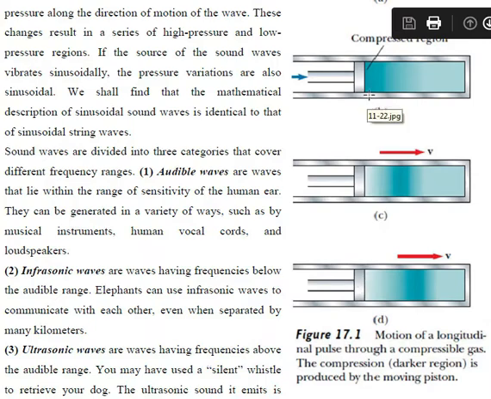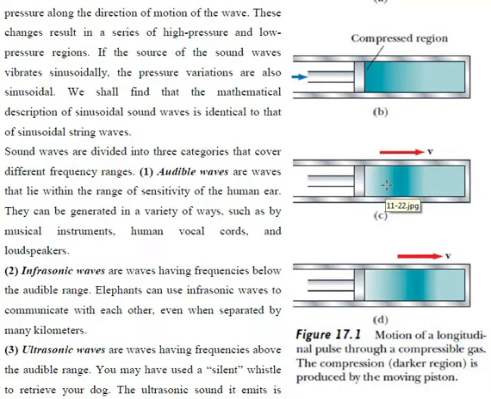What we see with time is that this compression moves along the tube to the right, leaving a rarefied region behind it. In the regions through which the compression passes, the pressure increases and also the density of the gas increases, while in the regions where a rarefaction exists, the pressure and the density of the gas decrease from the normal or equilibrium value.